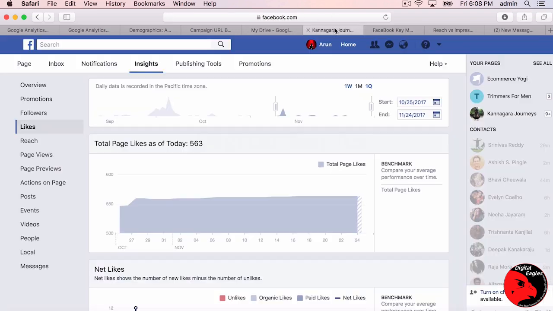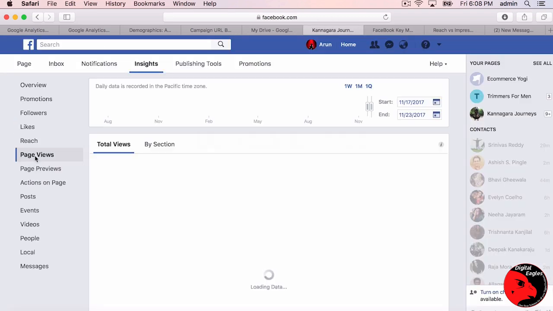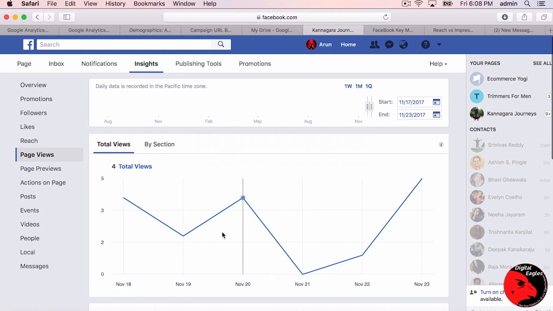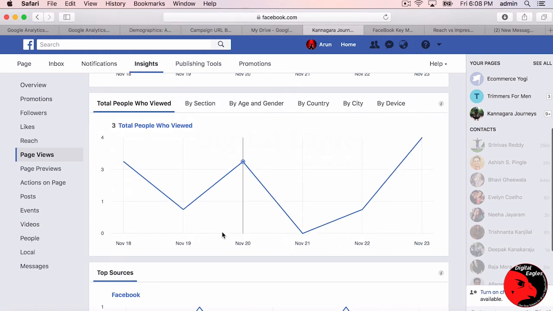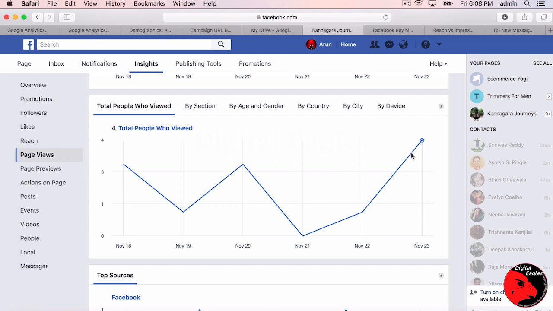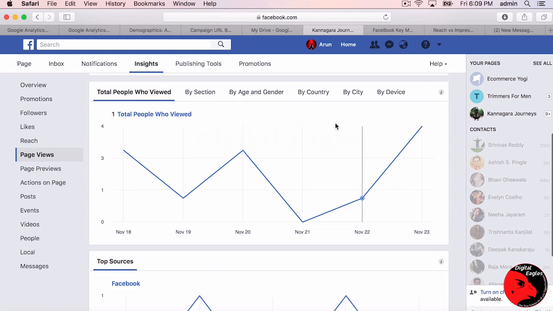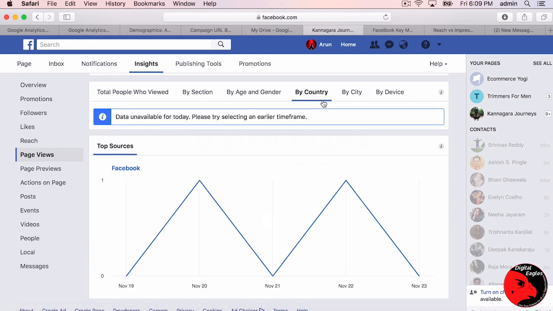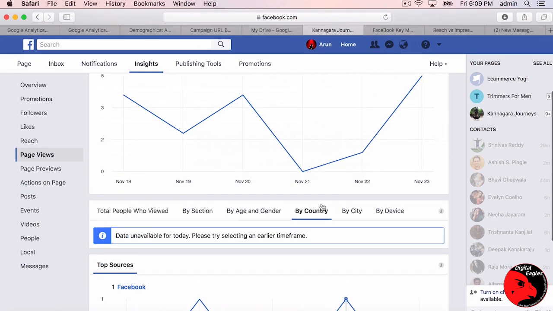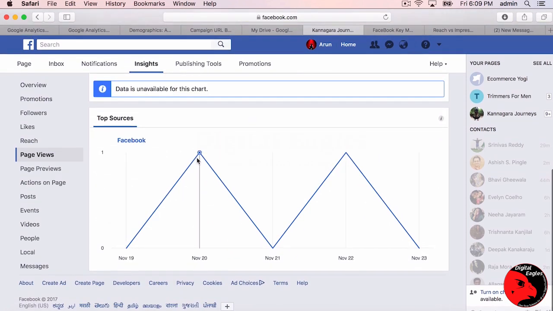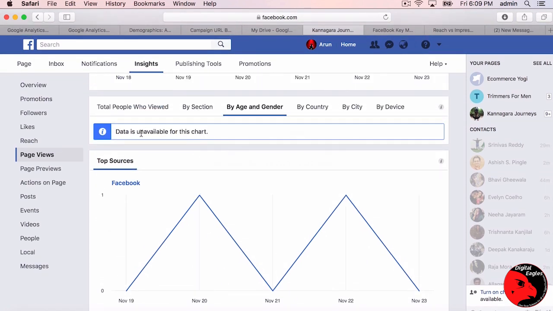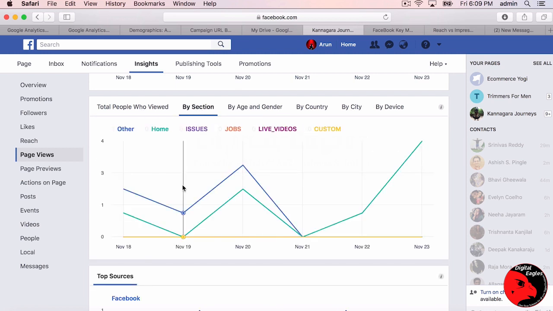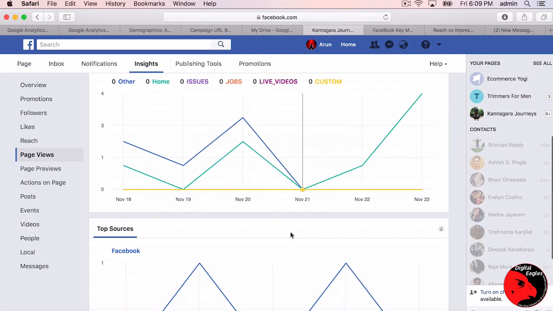Then comes page views, the number of people who are checking out your Facebook page. I see that it has improved, but every day it's max 4. I also want to see that my page is getting visibility in the right country. Since the data is very less, it's not showing up here.